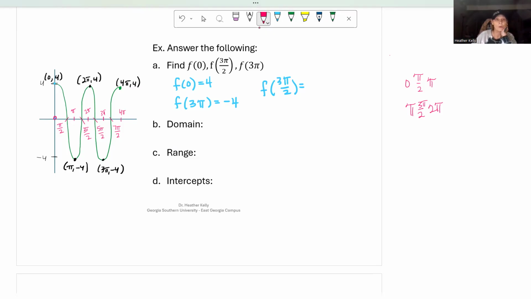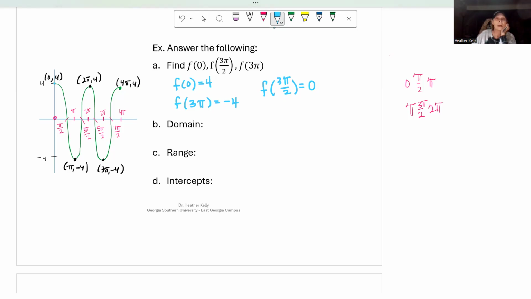So that gives us all the rest of our numbers here. So f of 3 pi halves is 0. But we just had a little lesson on how, if I give you certain values in an interval, even if they're numbers you're not familiar with, you can figure out what the values are in between when you're looking at the middle values.